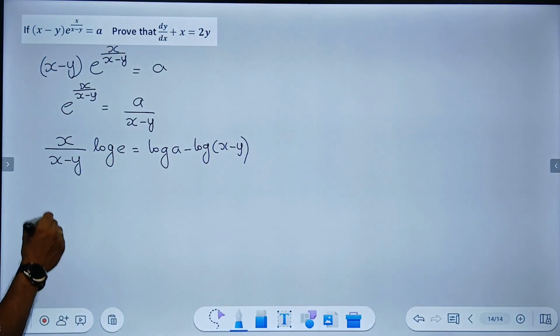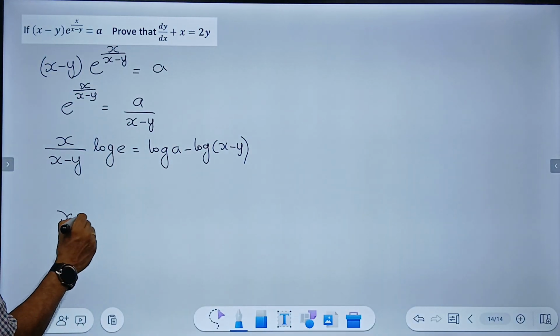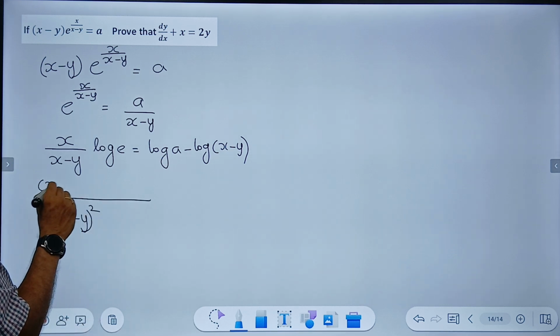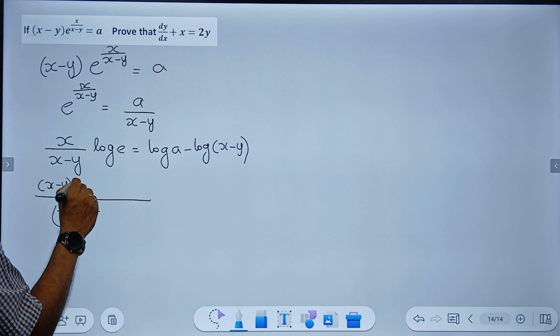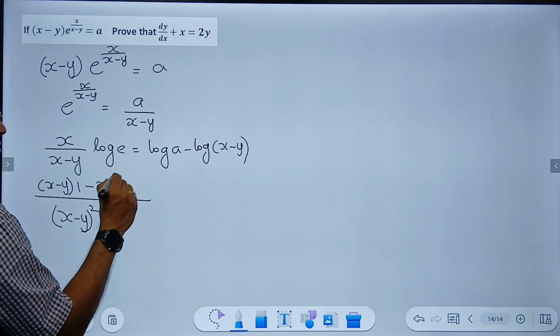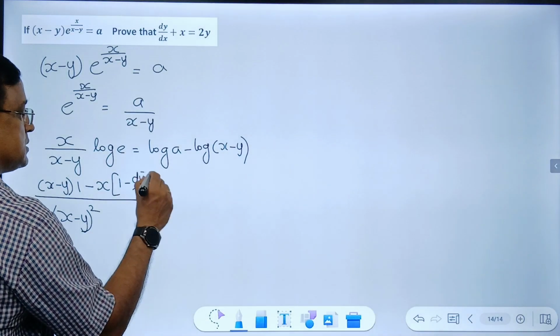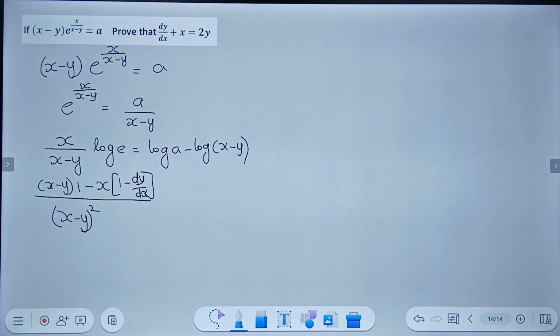So now you differentiate, quotient rule, this is x minus y the whole square. You will get x minus y, differentiation of x is 1, minus x into 1 minus dy by dx. Please understand, log e is 1, I am not mentioning that, I am skipping that step.